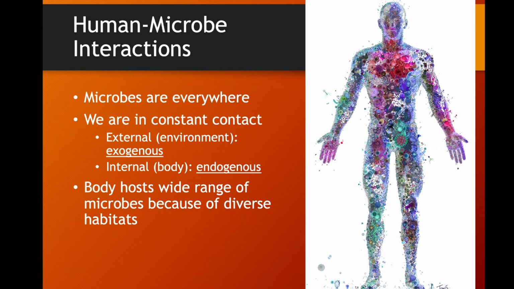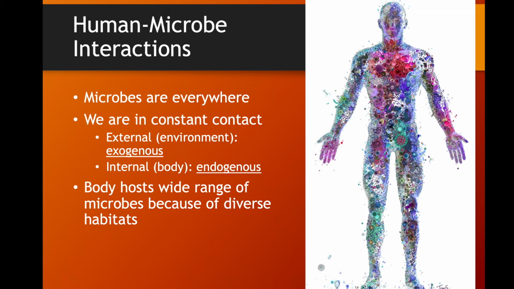But these are endogenous biota, organisms that normally are found in a particular balance with the host, which is us, our immune system, but sometimes can shift and cause an imbalance, which will lead to some pretty nasty things, which we'll talk about extensively throughout the entire semester, but also some in these lecture slides.